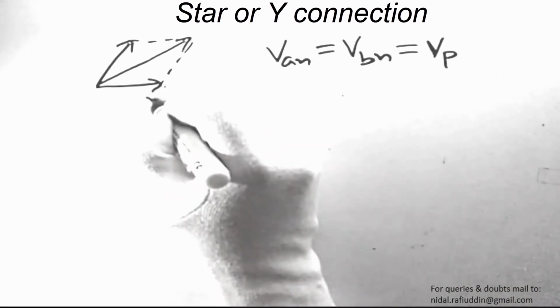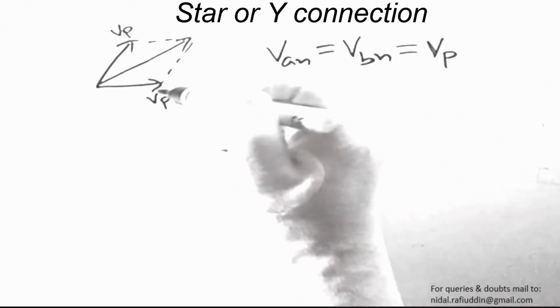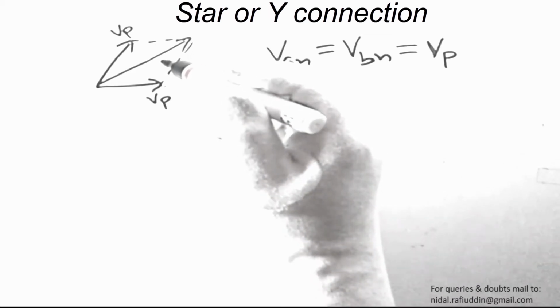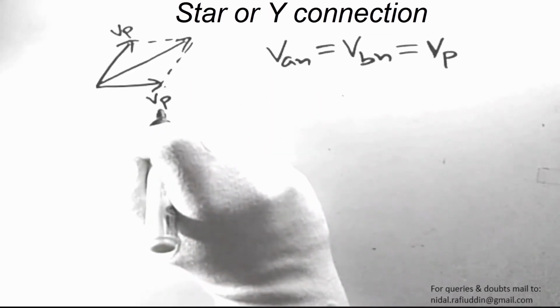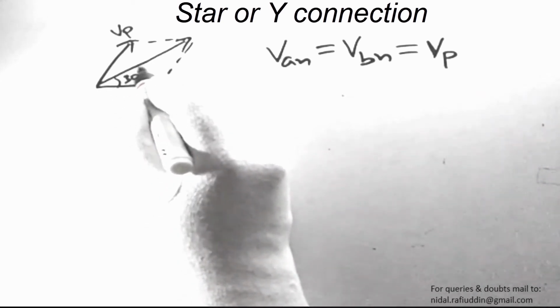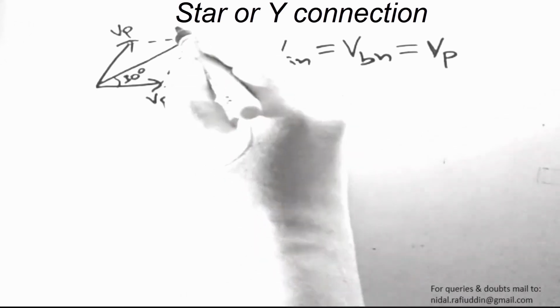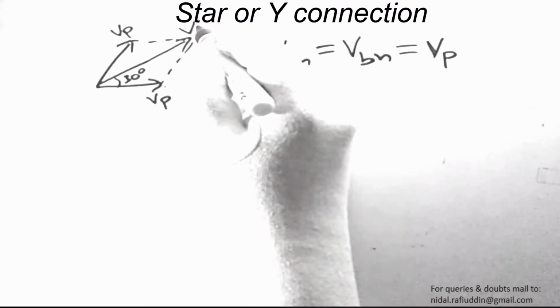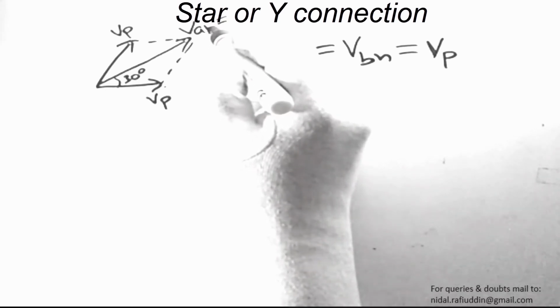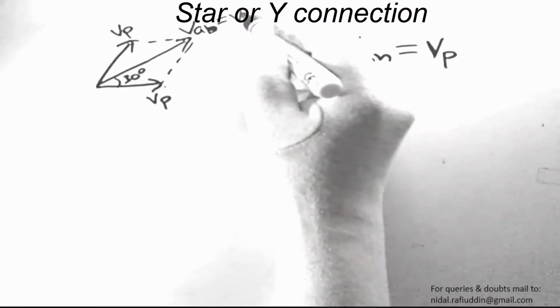So we have VP here and VP here, since the magnitudes of both voltages are the same, as I told you we are talking about balanced three-phase systems, and this angle is 60 degrees. In order to obtain VAB, the RMS value of VAB is taken as VL, the line voltage.